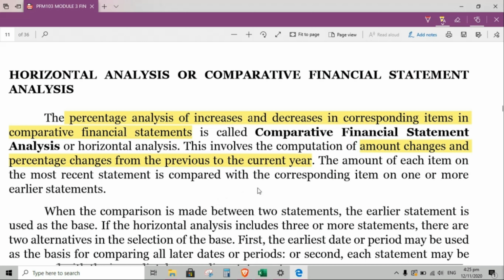Meron tayong comparison ng previous years at yung current years. Kaya siya tinawag na comparative financial statement analysis or horizontal. Bakit horizontal? Kasi yung katabi niyang taon or yung previous year yung kino-compare natin each item.